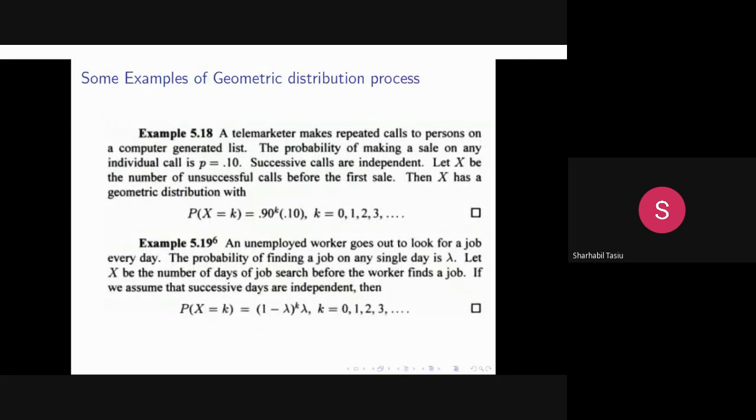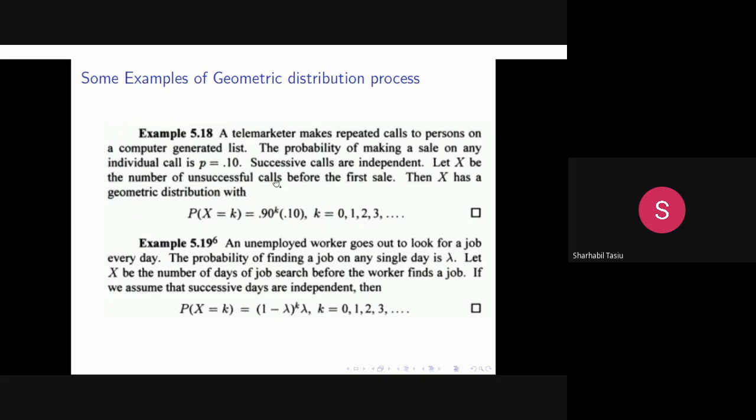We say a telemarketer makes repeated calls to persons on a computer generated list. The probability of making a sale on any individual call is p equals 0.10. Successive calls are independent. Let X be the number of unsuccessful calls before the first sale. Then X has a geometric distribution with this quantity.